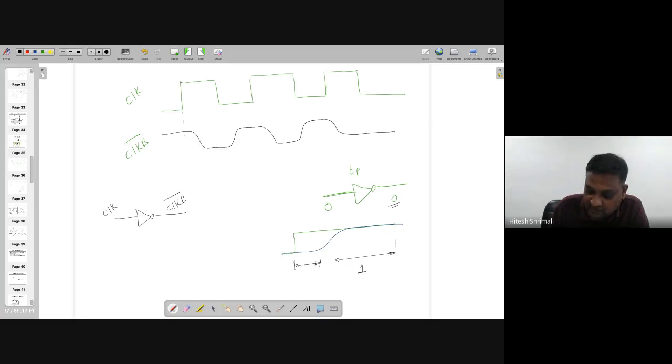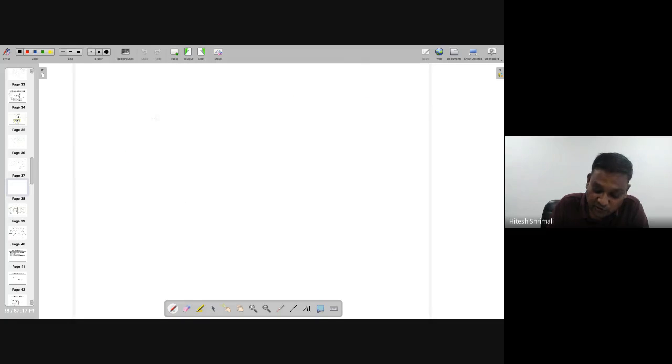This is happening because there is a propagation delay. Look, the positive and negative edges are at different points. These things I don't want. We don't want such an overlap area. This is known as overlapping clocks, but I want non-overlapping clocks, which look as follows.